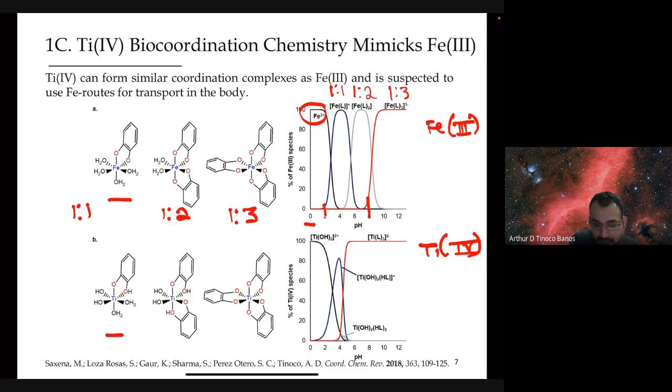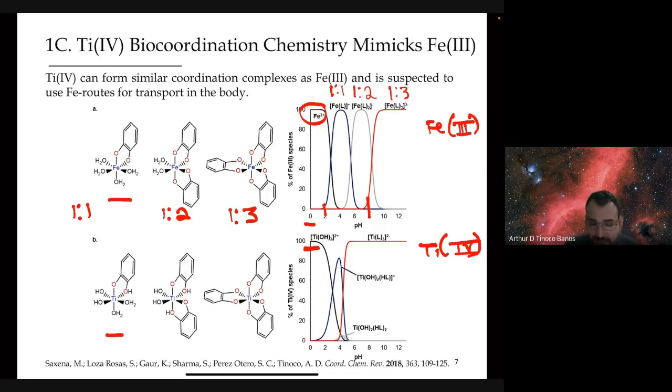At a pH as low as 0, titanium already exists as a hydrolyzed species. What I mean by that is that water molecules bound to the metal are already deprotonated. In terms of its Bronsted-Lowry acidity, it is a strong acid.